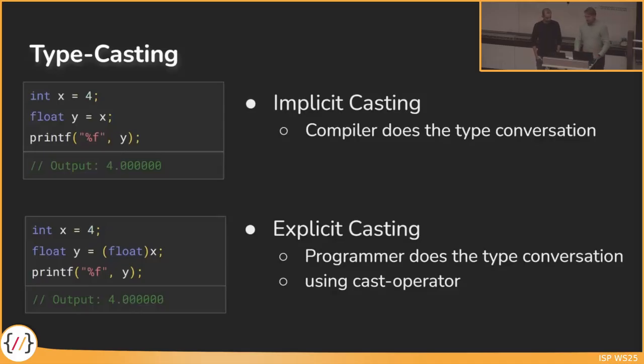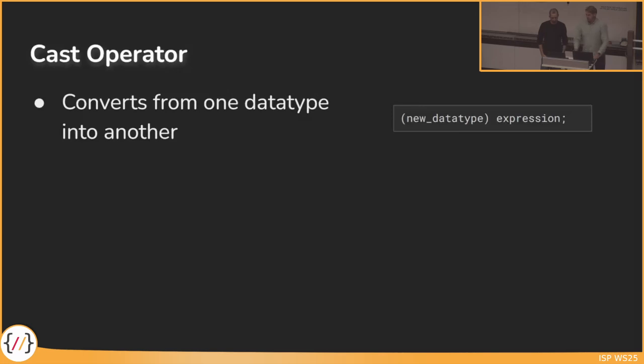So that's, I would say, a common use case for explicit casting. So the cast operator is quite straightforward. We just write parentheses, and inside of these parentheses, we write the new data type, so the data type that the value should be converted to.